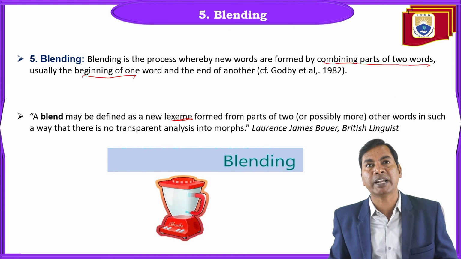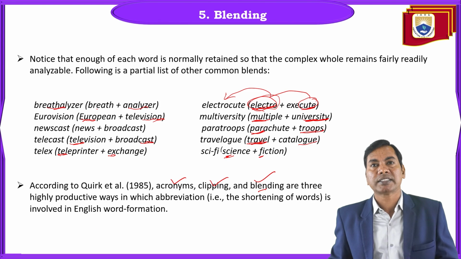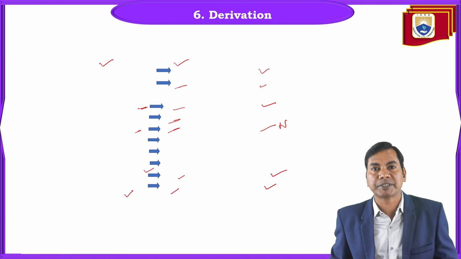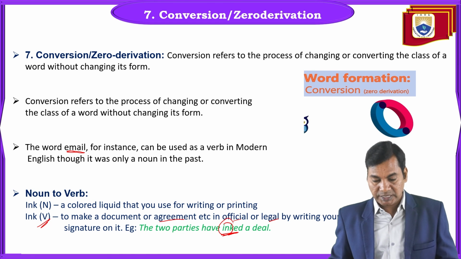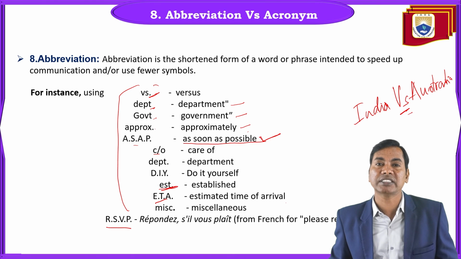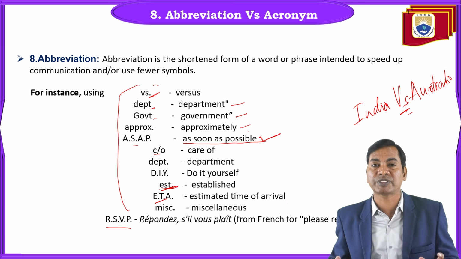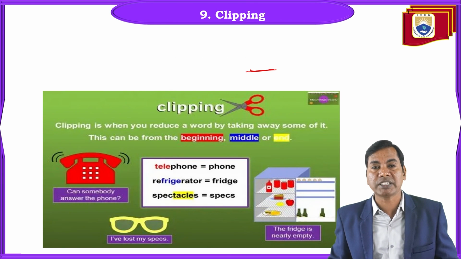We've seen the meaning of blending, right, with all the examples. And next, derivation with examples. Next, conversion or zero derivation. We've seen the meaning and types of conversions, and then moved on to discussing abbreviations. We've seen the meaning of abbreviation and acronyms, and we've seen the difference between these two with examples. And the last one is clipping. We've seen meaning and types of clipping in this.